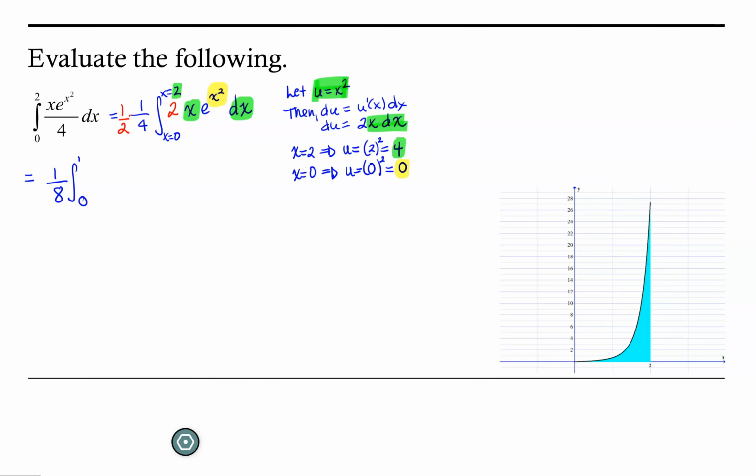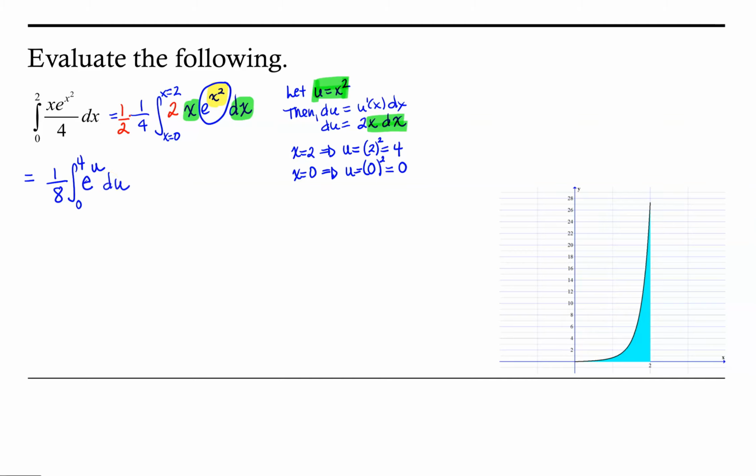So I have the integral from 0 to 4. And then looking at our integrand, we have e to the u. And note that this 2 times x times dx is my new differential du. So this 2, this x, and this dx all combine to become du.